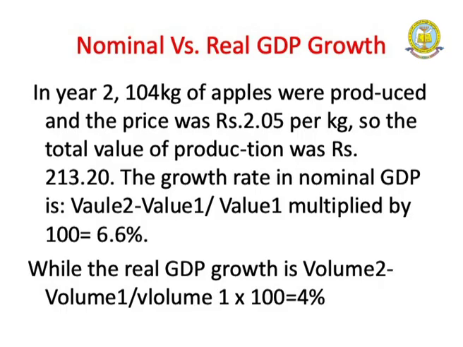The real GDP growth is volume 2 minus volume 1 divided by volume 1 into 100, that means only 4%. That means if you take prices into account, the growth in GDP is 6.6%. If you do not take the effect of prices on goods, then the GDP growth was only 4%.